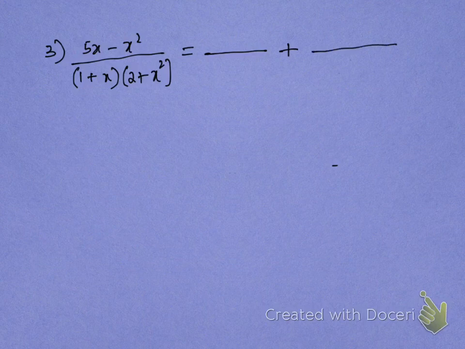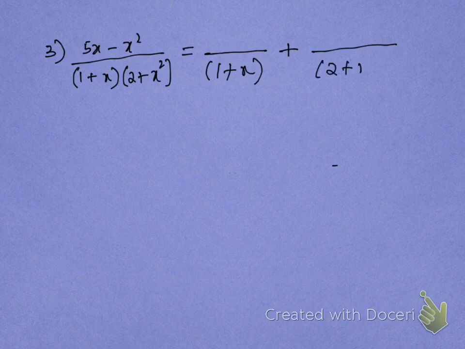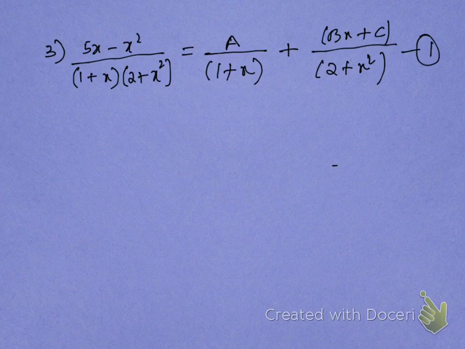Therefore this fraction can be split into two fractions, with denominators 1 plus x and 2 plus x square. The first factor is linear, so write a constant in its numerator, and the second factor is quadratic. Therefore write a linear factor in the numerator of this fraction and call this entire thing equation number 1.